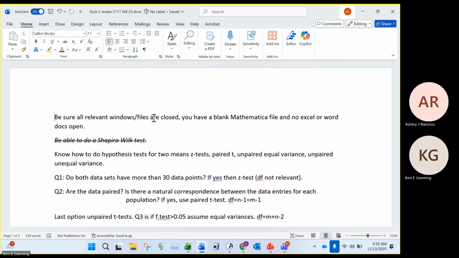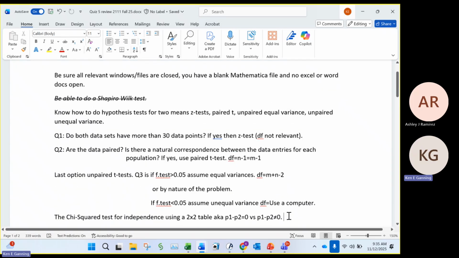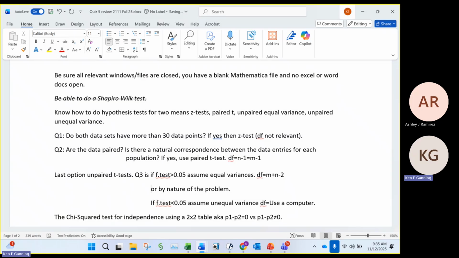Now, if it's unpaired, you have to say to yourself, do I want to assume equal variance or unequal variance? Our current approach, and if it's changed, I am unaware of it, is this: the nature of the problem always has precedence.